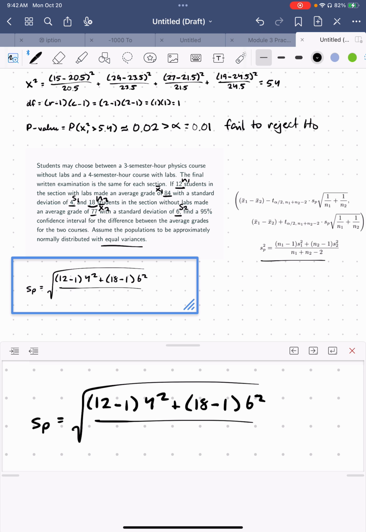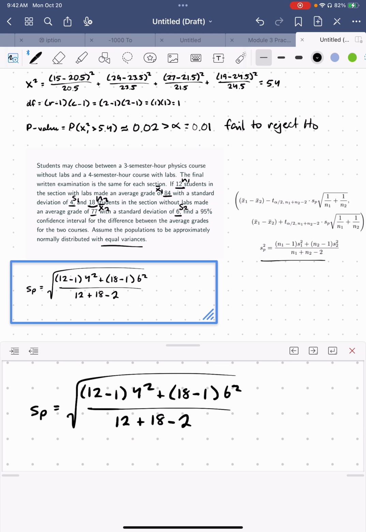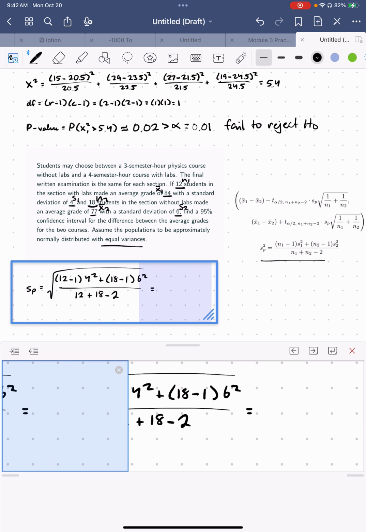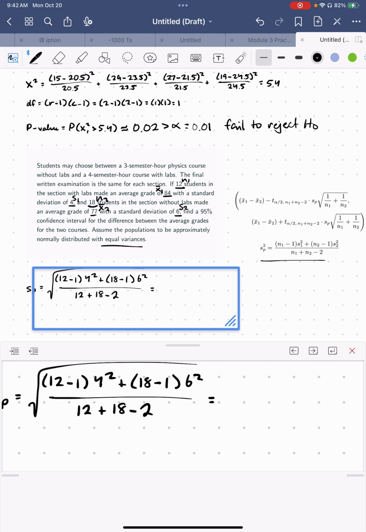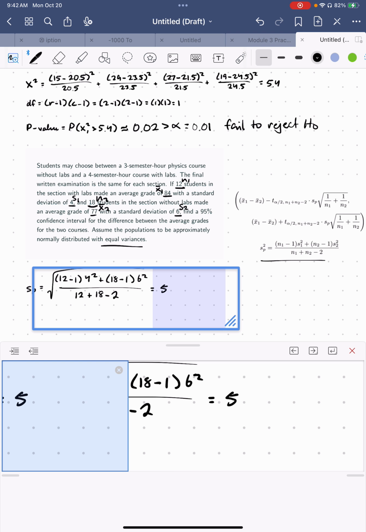And then we divide it all by our sample size for our first sample, 12 plus, and then 18 minus 2. And if we solve this, we should get our answer of 5.305.